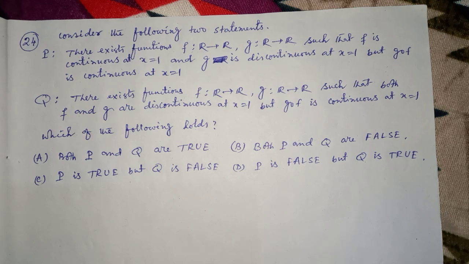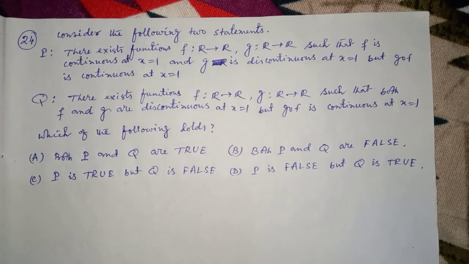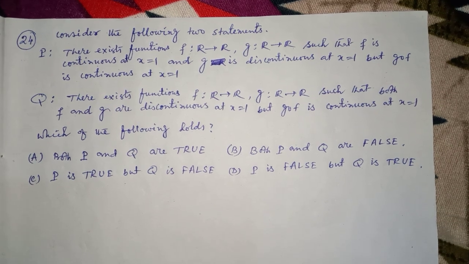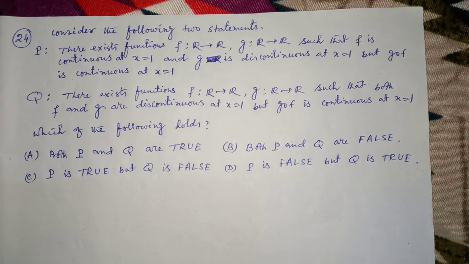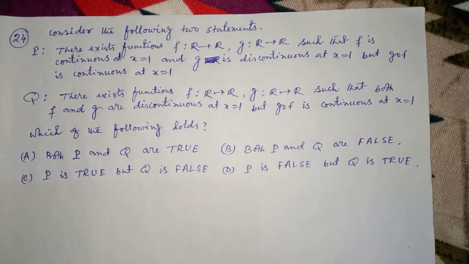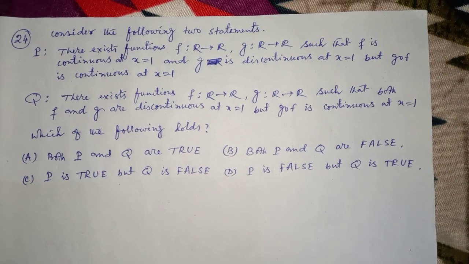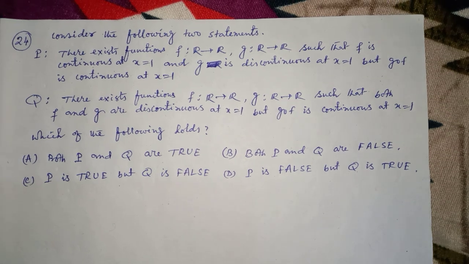Statement P: there exist functions f: R to R, g: R to R such that f is continuous at x equal to 1 and g is discontinuous at x equal to 1, but their composite function g of f is continuous at x equal to 1.